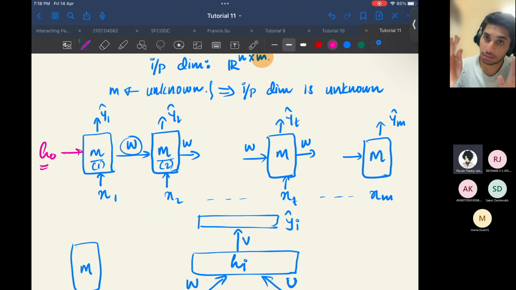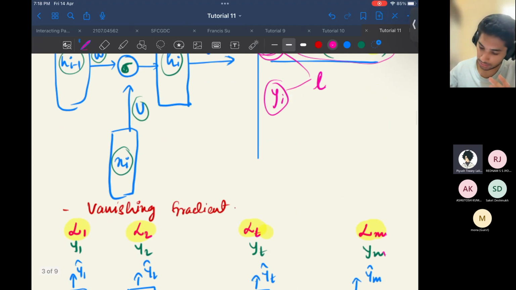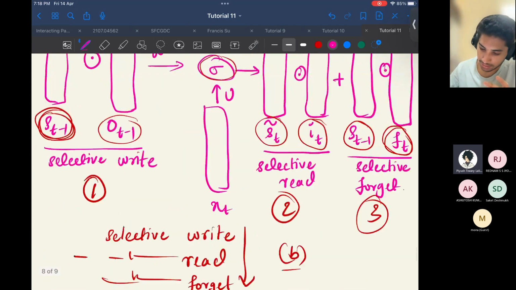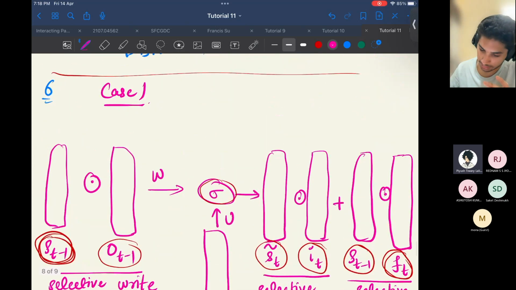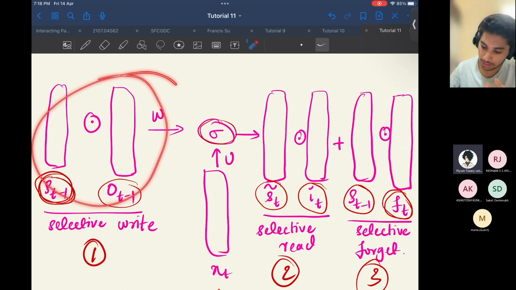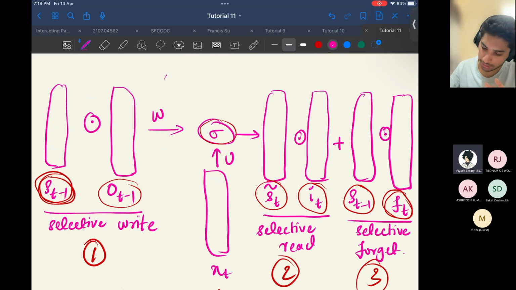So if you look at it from the first time step, there is no selective write operation happening. All we are doing is we will give some x naught here, and it will go here, and x_{t-1} will go here, and stuff will start.